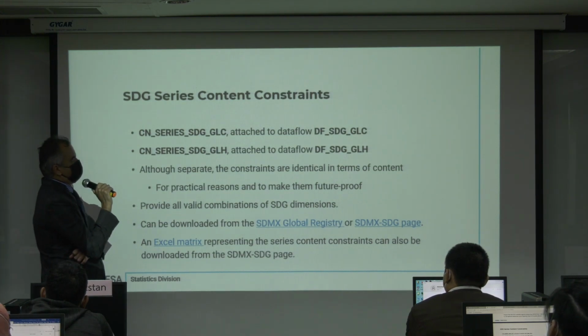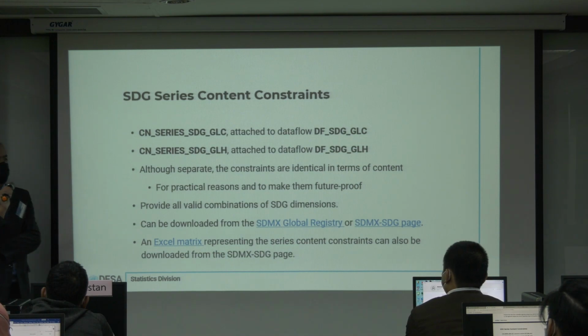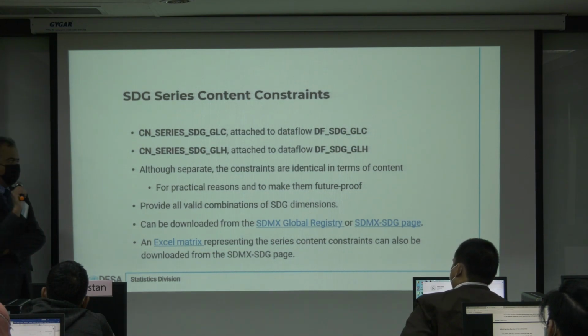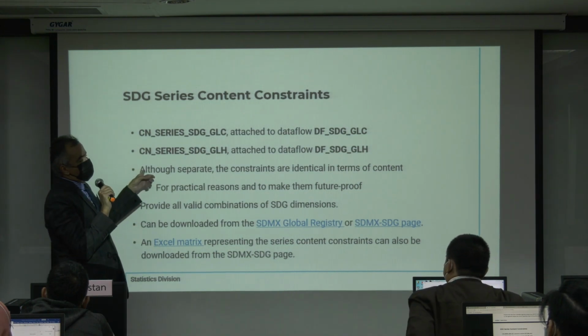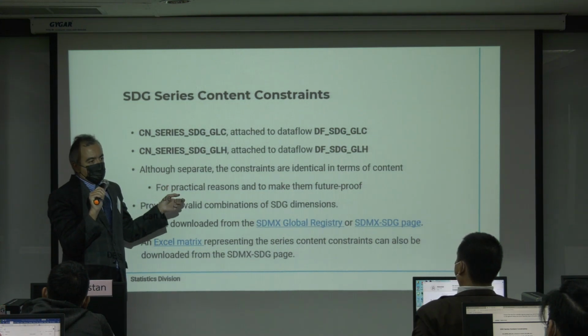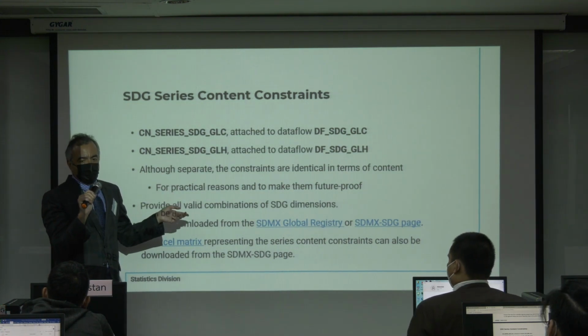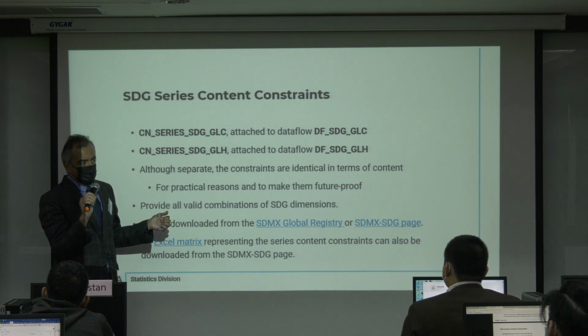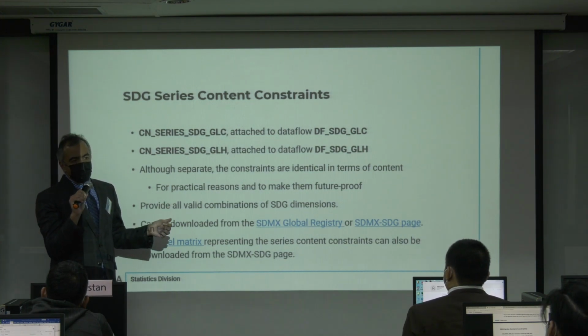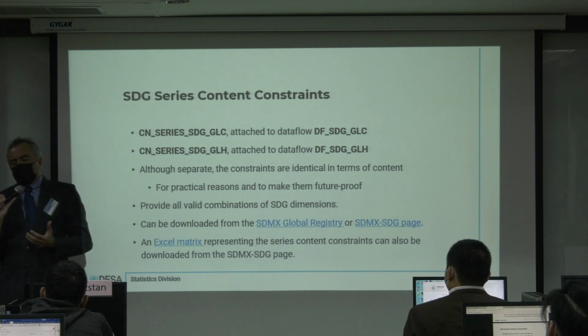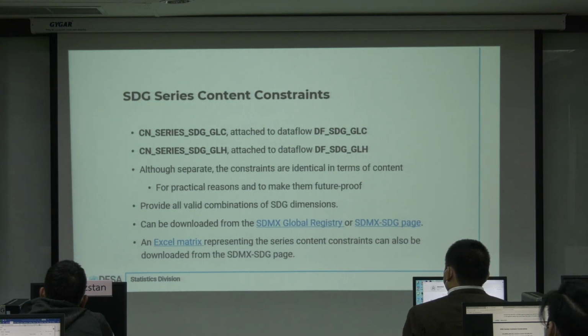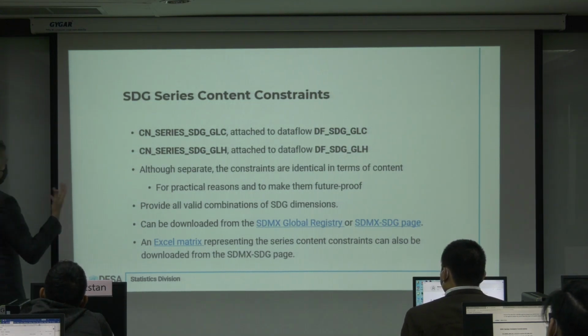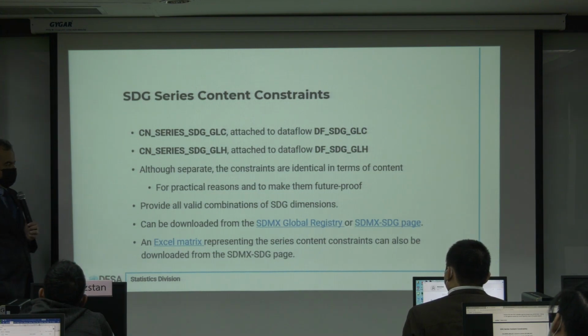So we have two such content constraints, each one attached to its own data flow. In terms of content, the constraints are now identical, but in the future they may become different because the data reported by custodian agencies and countries can be different and will require different content constraints.